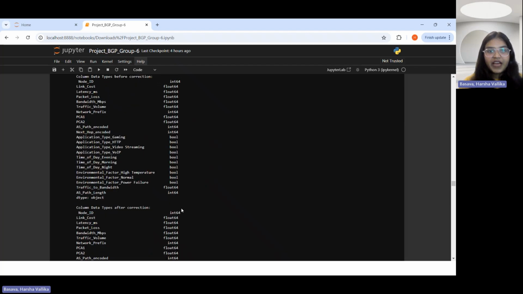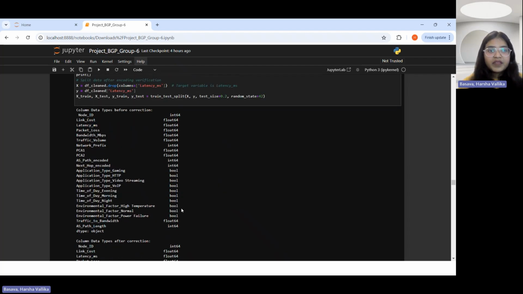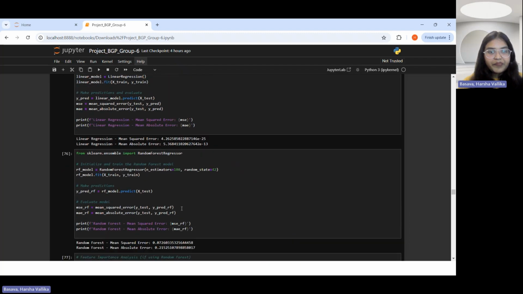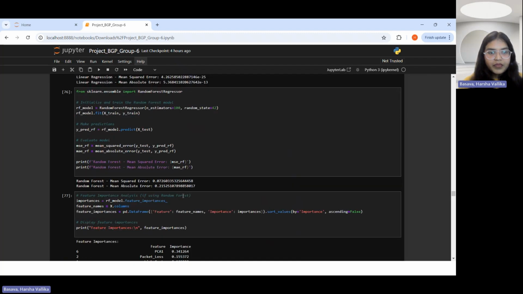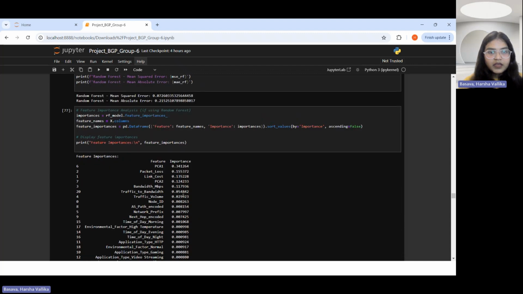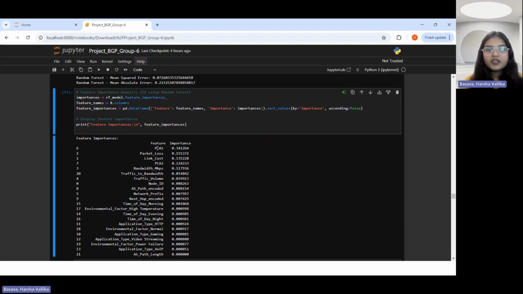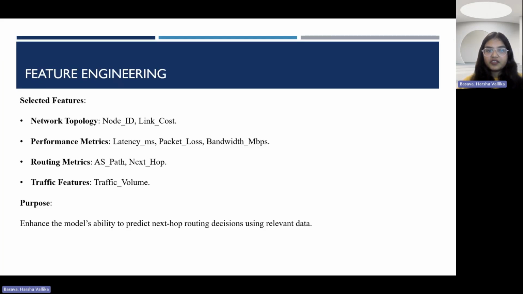Initially, we corrected certain data types. Feature importance is something that we have plotted. This is PCA1, which was positively correlated, that we have considered for our further analysis, right? This is the importance order we have given to the features so that we can train a model.